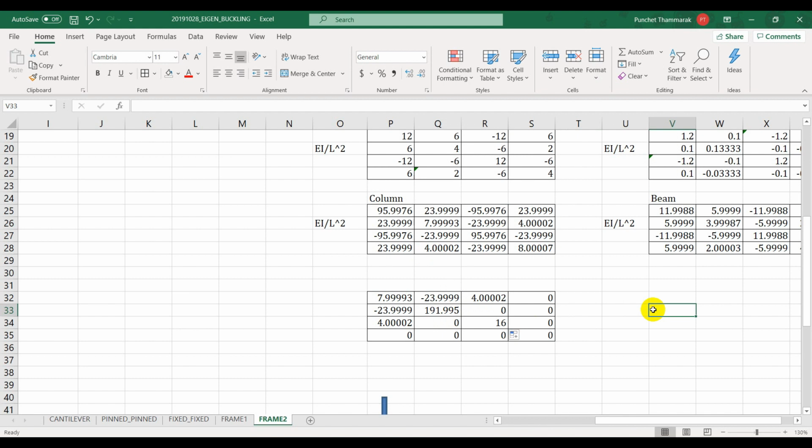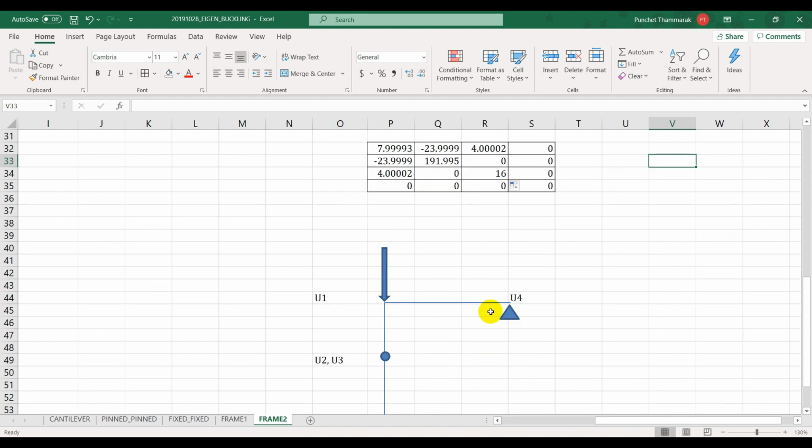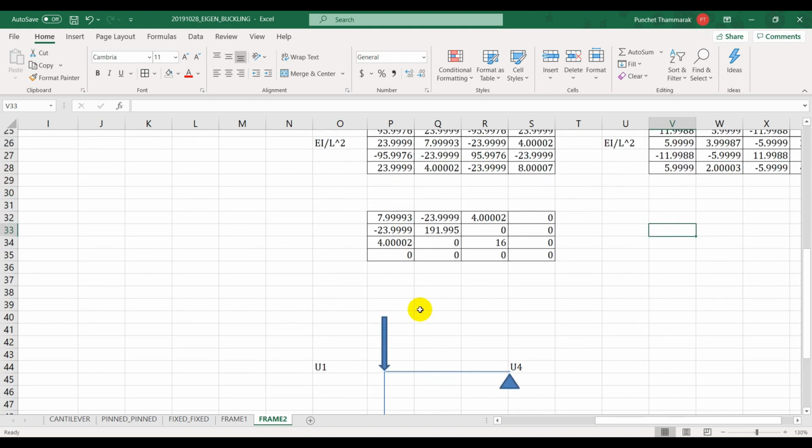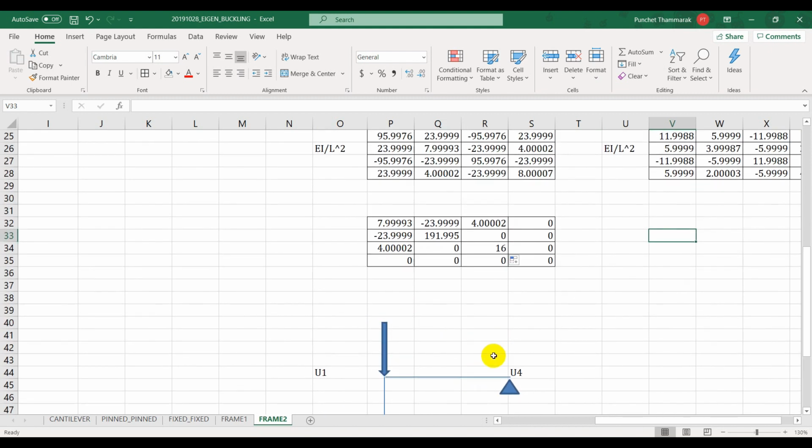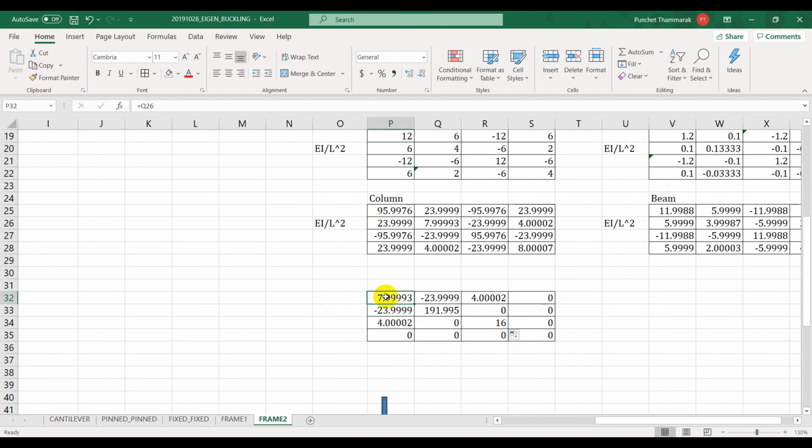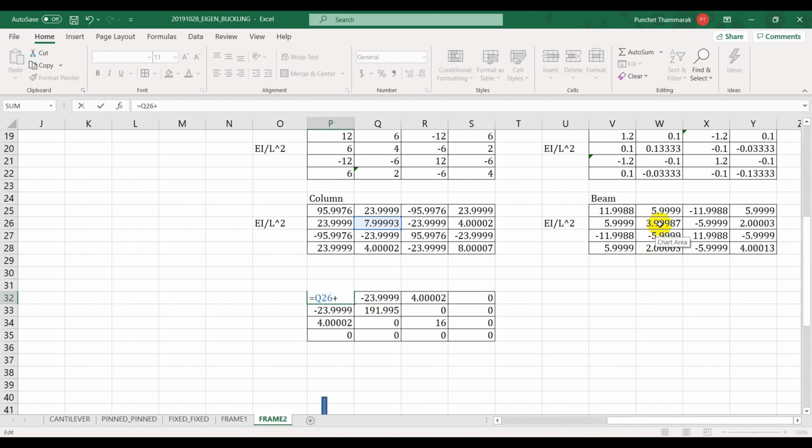Okay, you get the contribution from the second one now. How about this U4? U4 and U1 are related, so U1 will be added up with this number, and this one is equal to this number. This one is equal to this number. This is a rotation of the beam.